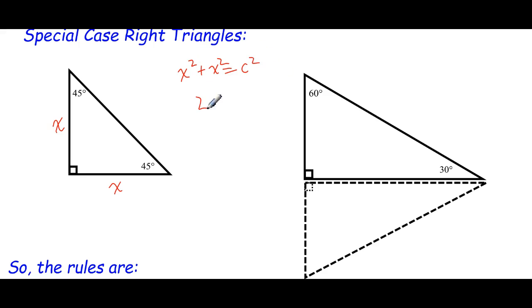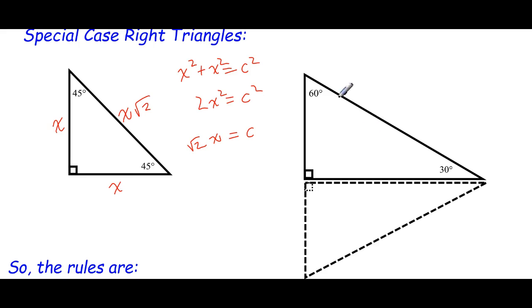And if you solve that, to figure out what c is, you get a very easy number for this diagonal. It's whatever x was, times the square root of 2. So if you know one side, without getting the whole Pythagorean theorem out, you can fill in all three sides. Like, that's 7, and this is also 7, and this is 7 root 2. Lickety-split, you're done.